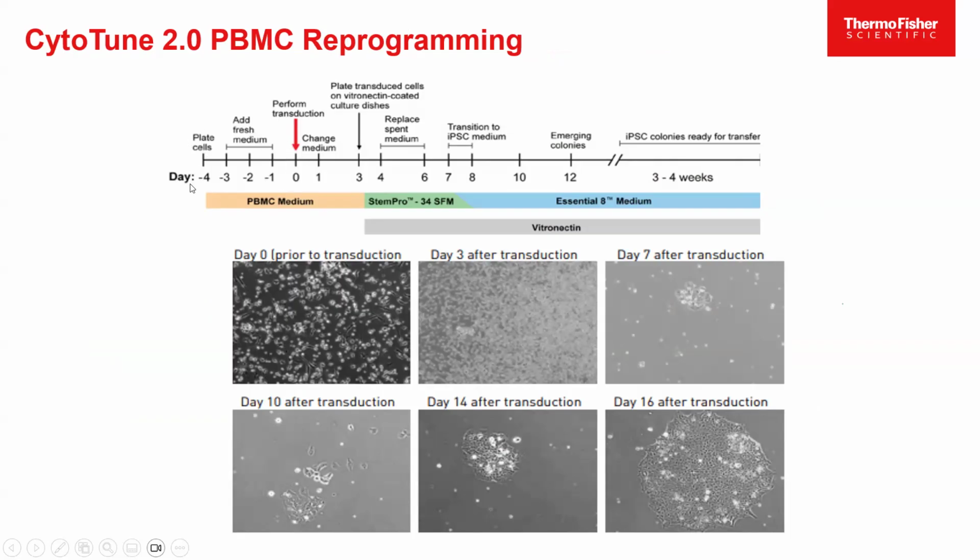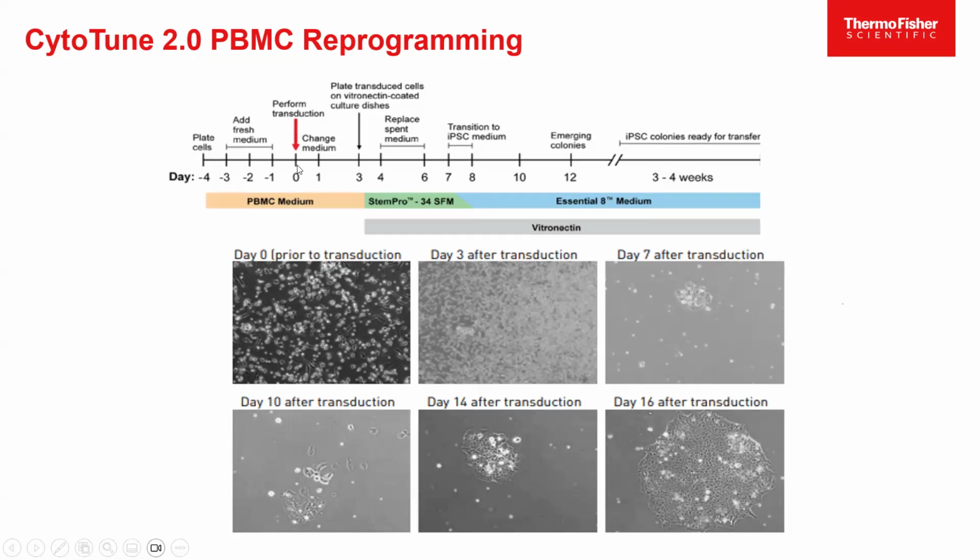You see these negatively noted days as days we like to keep these cells in culture as they acclimate to conditions, kind of related to the susceptibility question that was asked earlier as well, right? And once these cells are comfortable enough, and we think that they're ready to go in terms of number and they're looking healthy, we can start the transduction by adding our Sendai viral vectors on day 0.